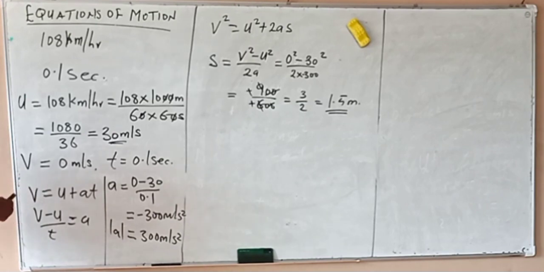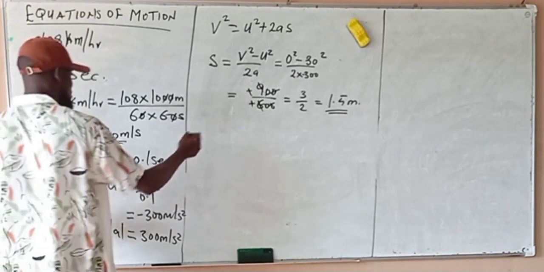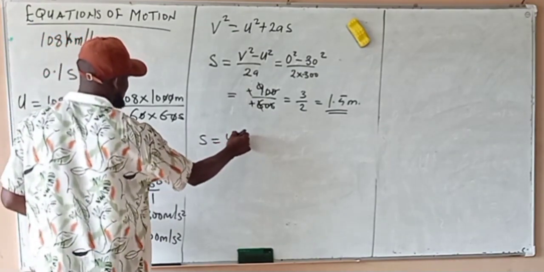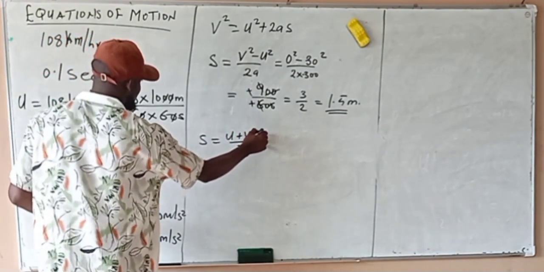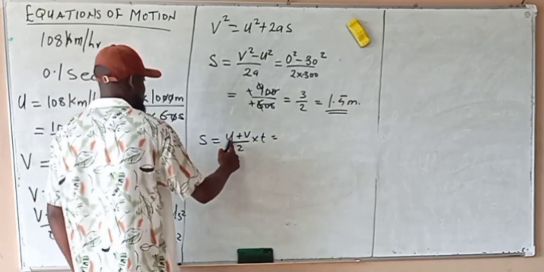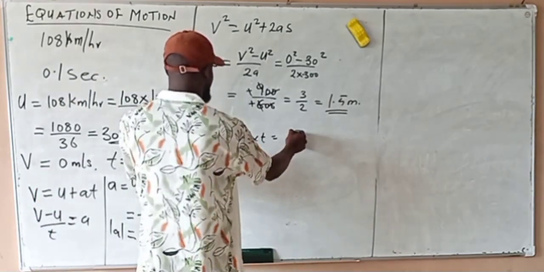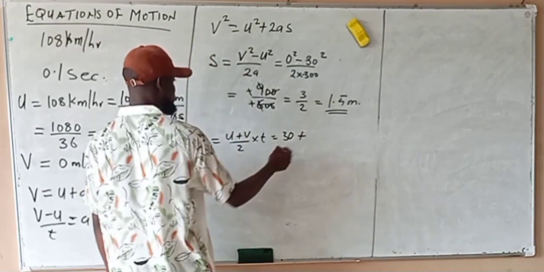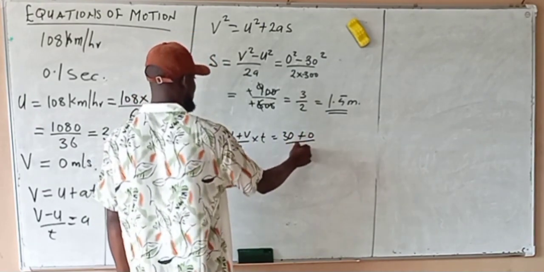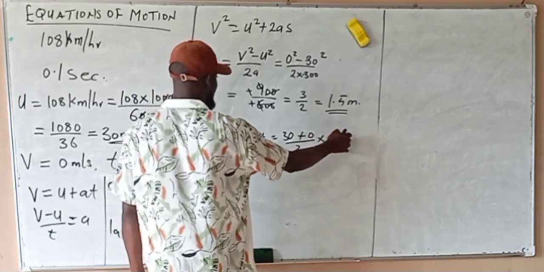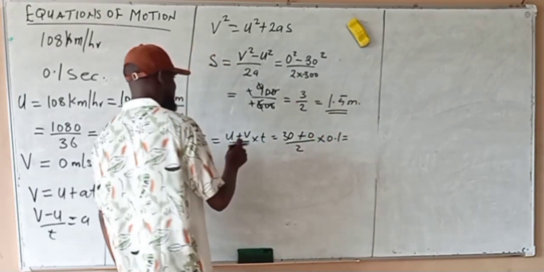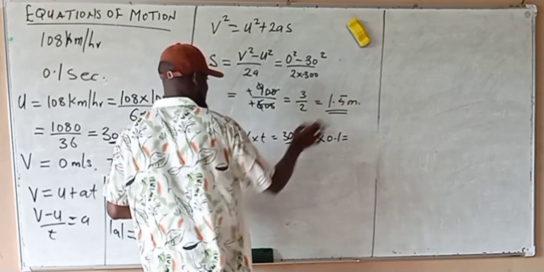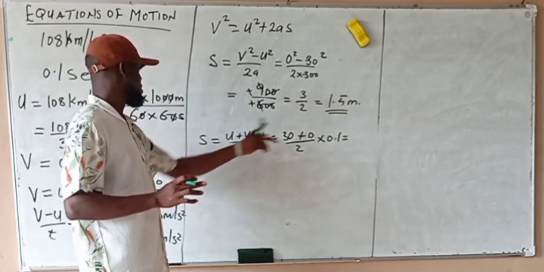Now we can use this other equation, which will also work. S is equal to U plus V over 2 times t. That is 30 plus 0 over 2 times 0.1. Guys, you can also use this equation to get the answer.